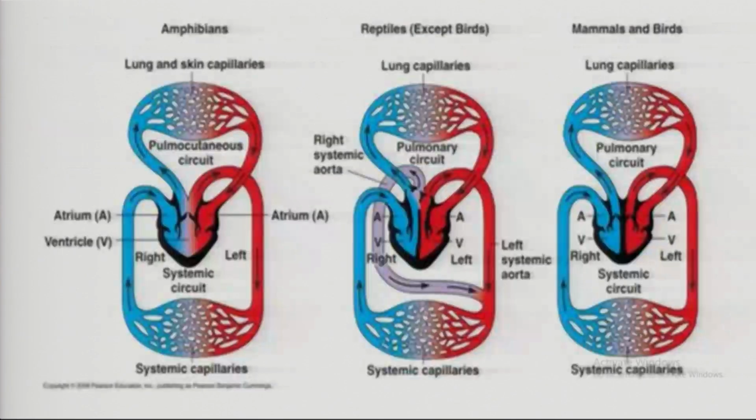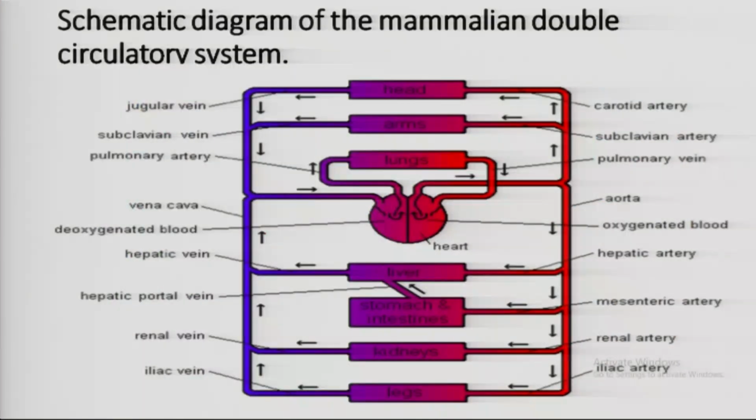That's good. This one shows how in double circulation the blood can move from the heart to the lung, from the lungs to the heart. Then the heart is going to pump the blood into all parts of the body. This one also shows how the blood can move into the heart by double circulation.